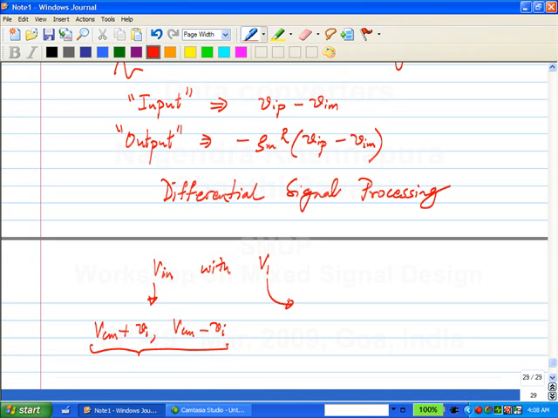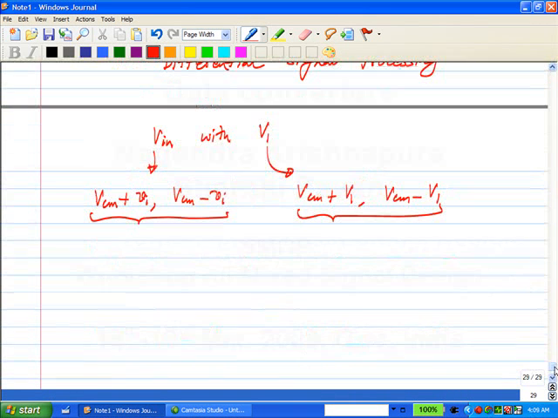You can always also make the reference differential, correct? So VCM plus V1 and VCM minus V1. The quantity of interest here is 2Vi, the quantity of interest here is 2V1.